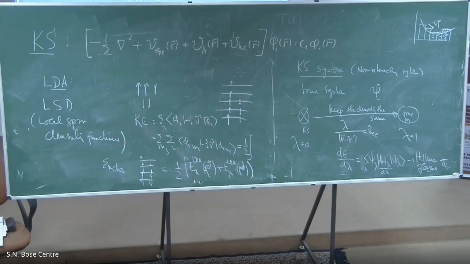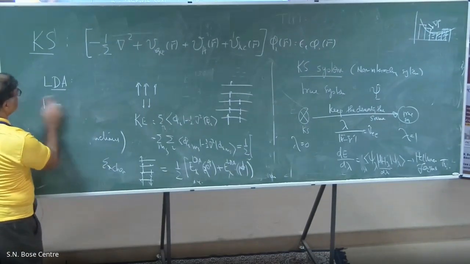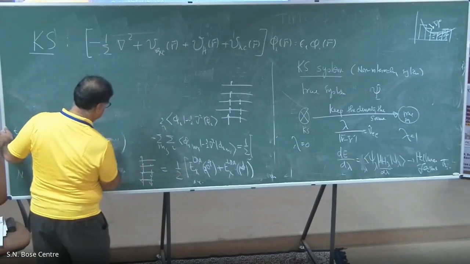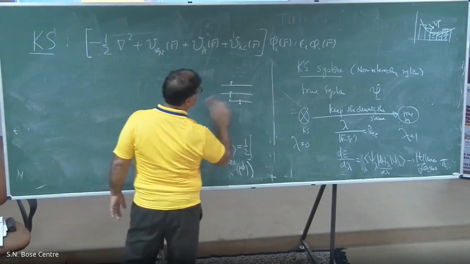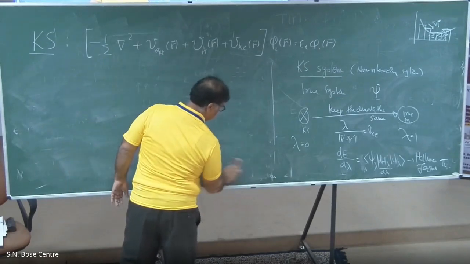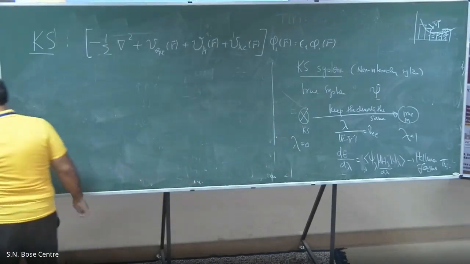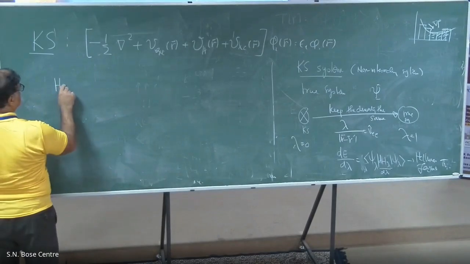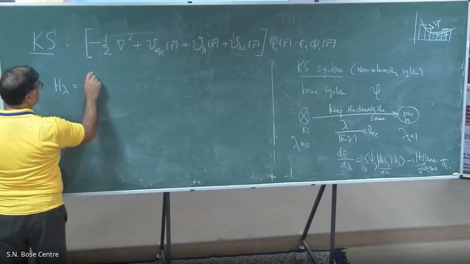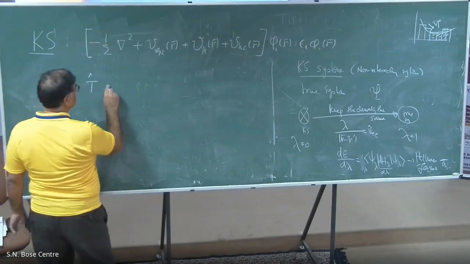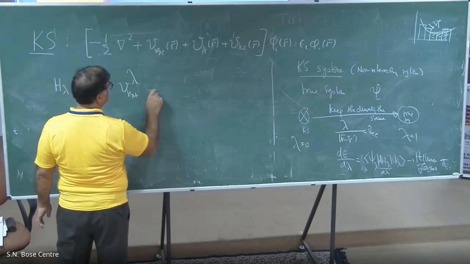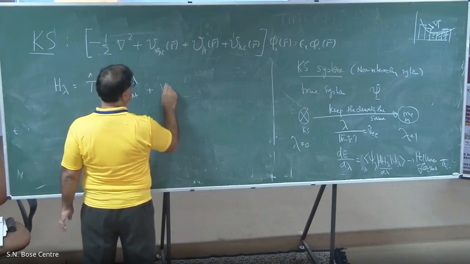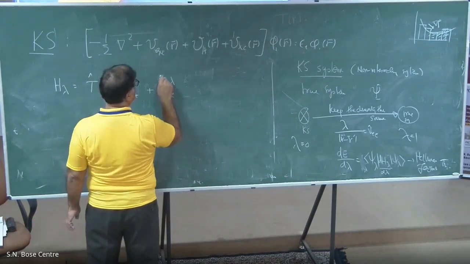All right. So with this, I can define the exchange correlation energy as follows. H lambda is the kinetic energy operator plus V external, which depends on lambda, plus V_ee lambda.